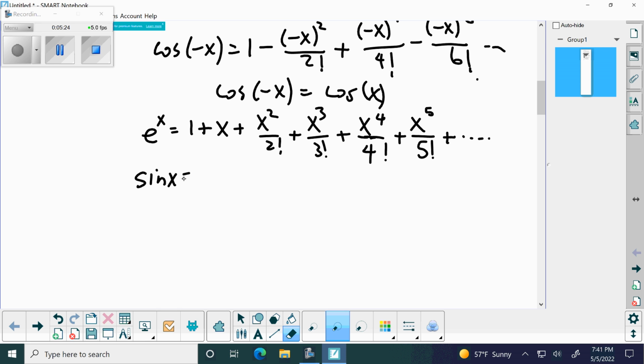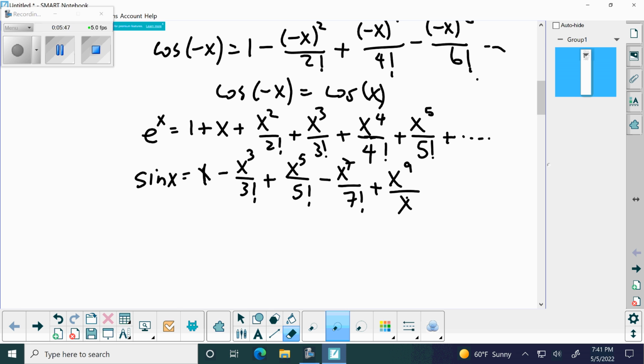Here sine x is equal to x minus x cubed over 3 factorial plus x to the fifth over 5 factorial minus x to the seventh over 7 factorial plus x to the ninth over 9 factorial, and so forth.